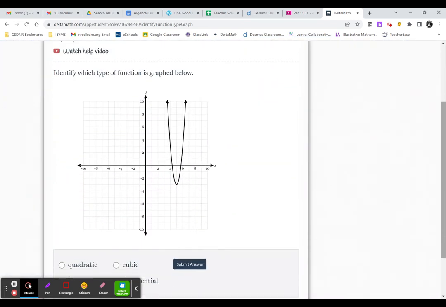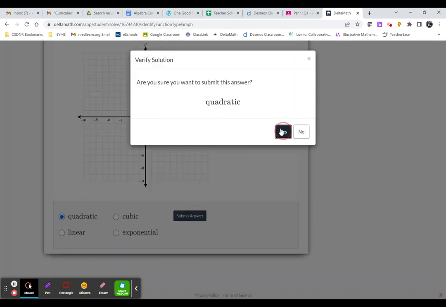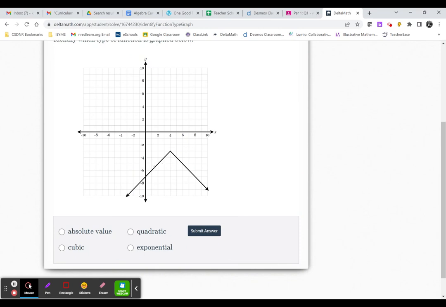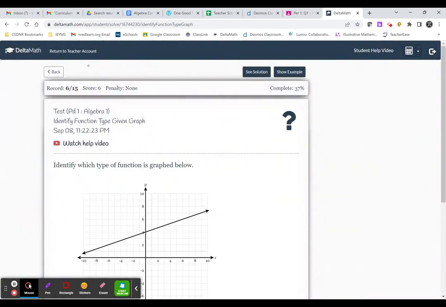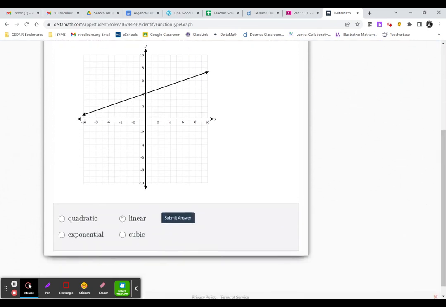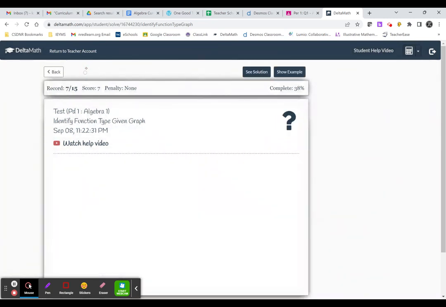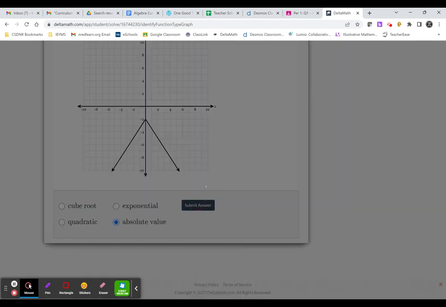This one has a nice U shape, so it's quadratic. This one has a hard V shape, so it's absolute value. This one is constantly straight, so it's linear. This one is a hard V shape, so it's absolute value.